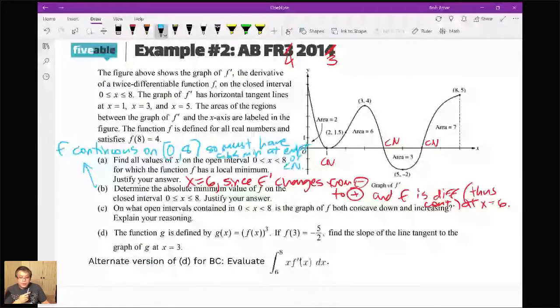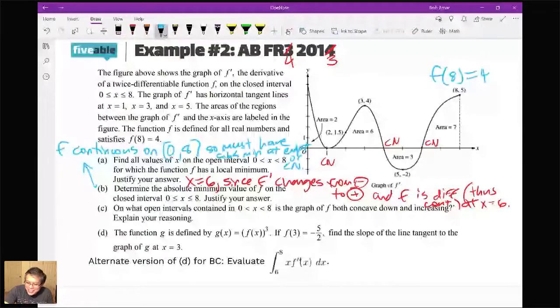Now, they haven't done you a lot of favors, but they did give you one starting point. They did tell you that f of 8 equals 4. So you can use the integral theorem in reverse to backtrack to the other function values.